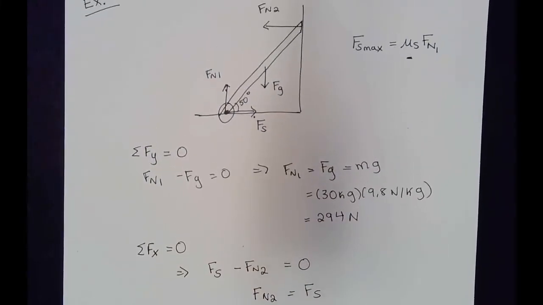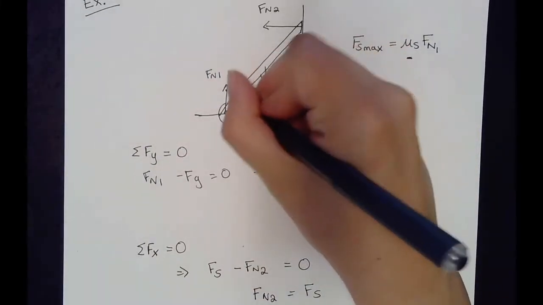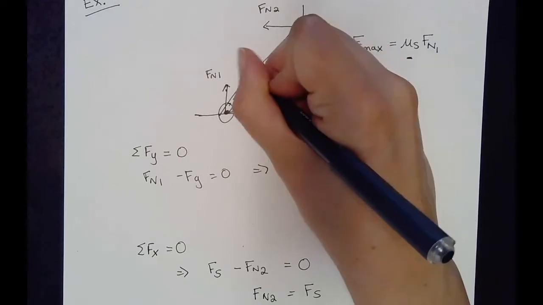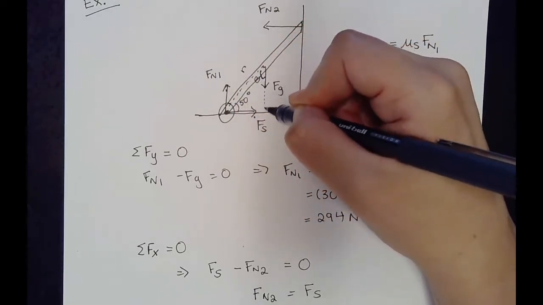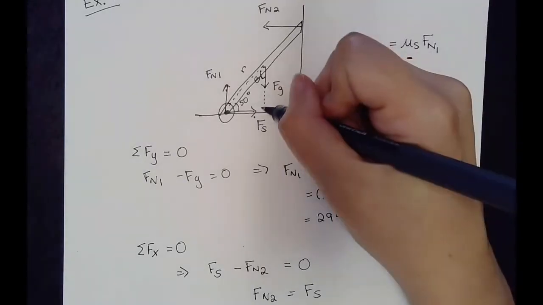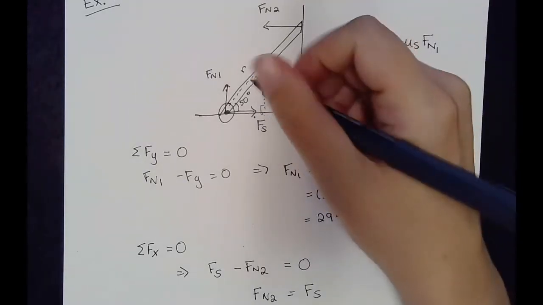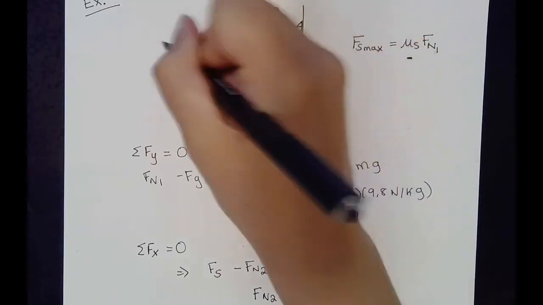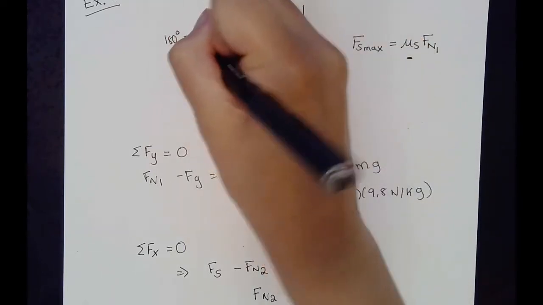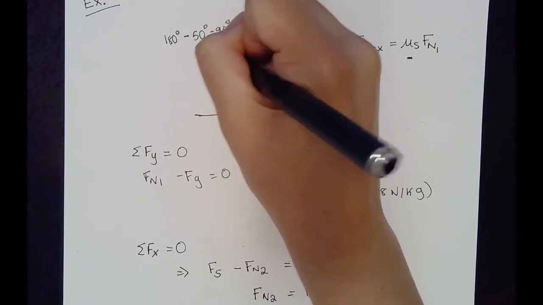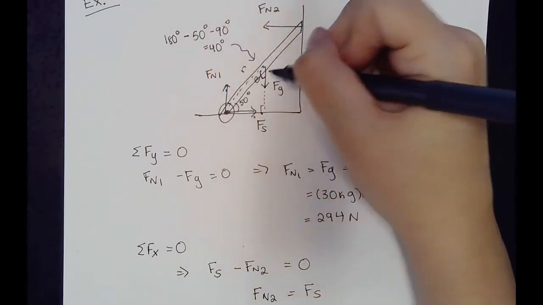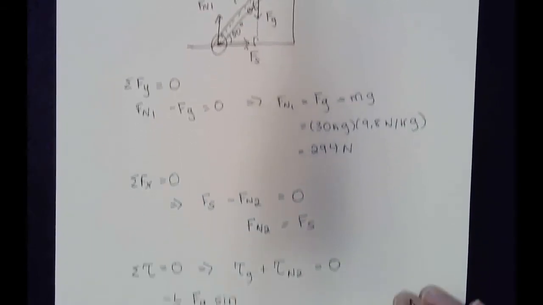Going back to the diagram, this is the angle between R and F. R is along this line, so we want this angle in here. If we extend Fg down, which is vertical, this is a right angle triangle. So this angle in here would be 180 minus 50 minus 90, which is 40 degrees. So it's sine of 40 for that torque.